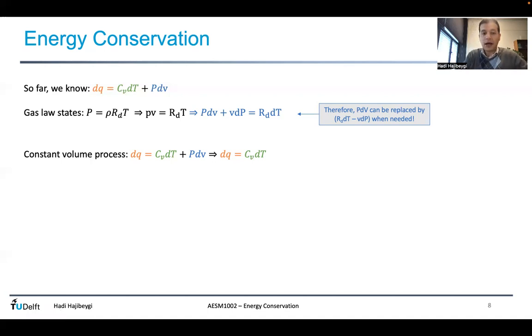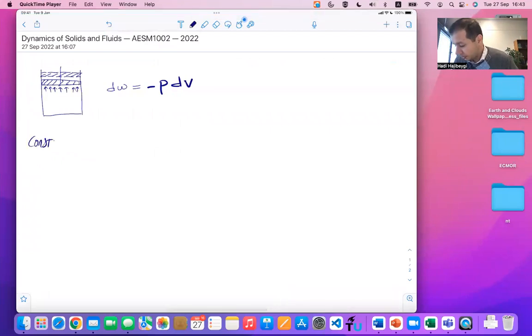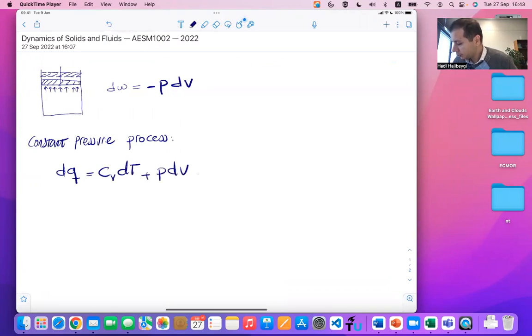Now, how about constant pressure? Let me just go to my notes and say constant pressure process. In this case, dq, which was Cv dT plus P dv, should be now written based on dP, because it's not a constant volume process that dv would go to zero for.